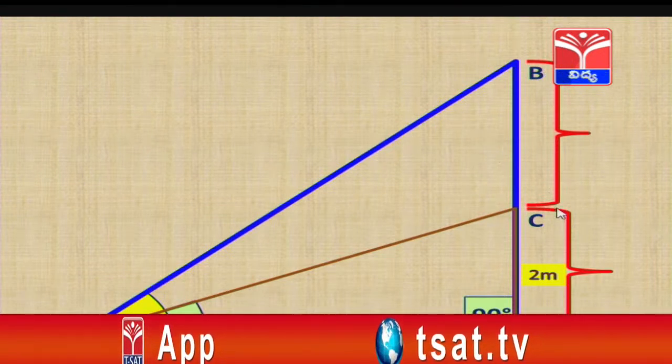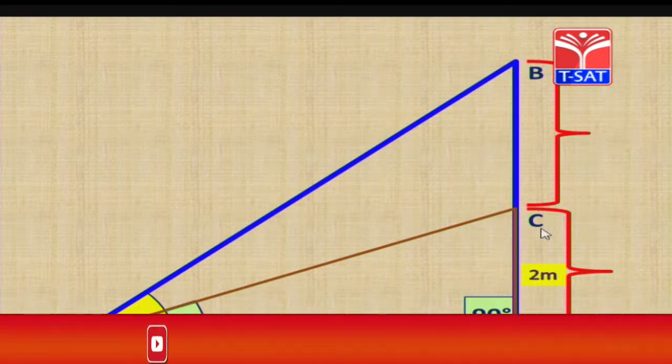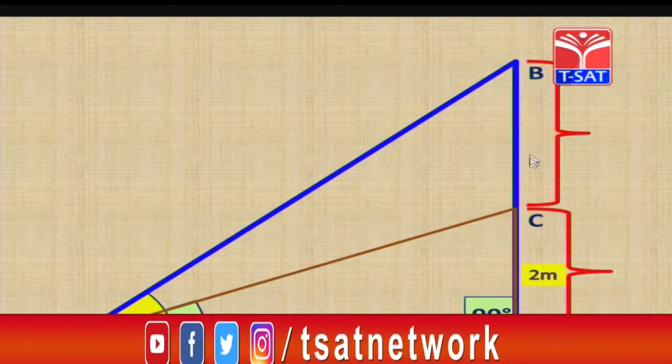Here BC is the height of the statue, whereas AC is the height of the pedestal, that is already given as 2 meters, right. So, I have to find out BC.